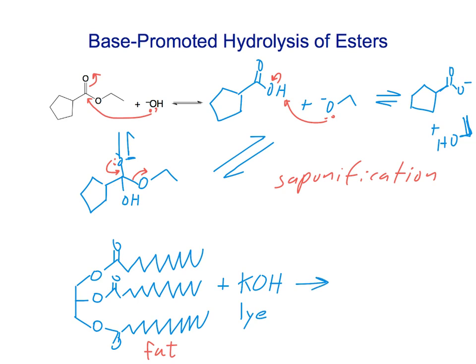All right? And so what we're going to get is this 3-carbon triol. This is glycerol. And we get 3 of this, whatever these carboxylate anions are. Okay? And this is essentially what soap is.